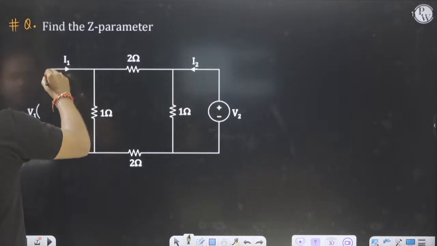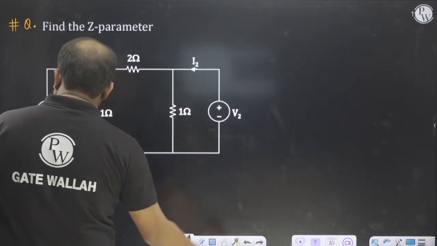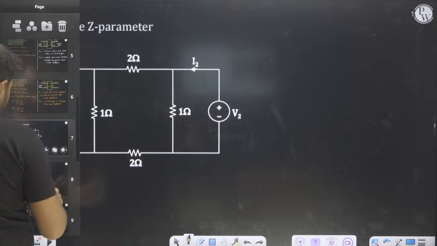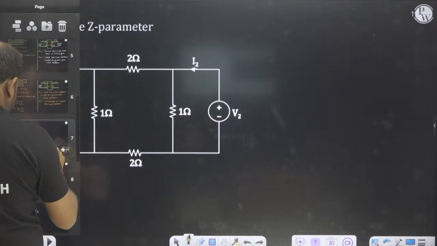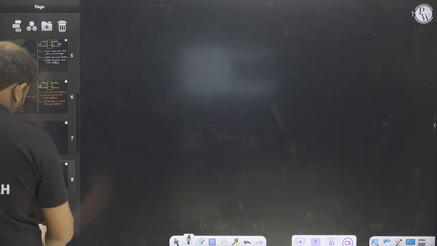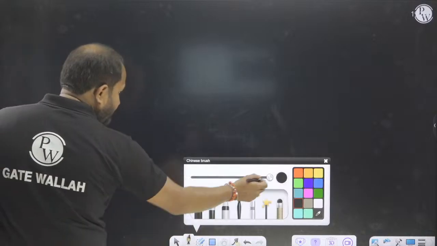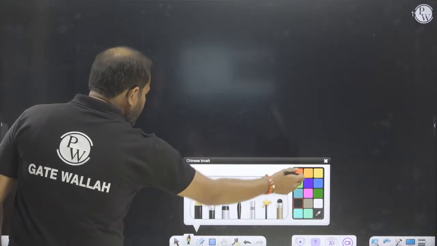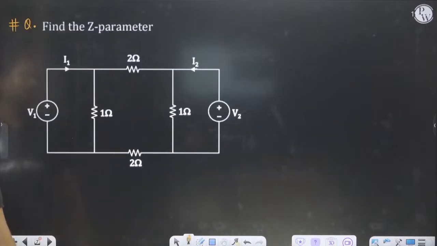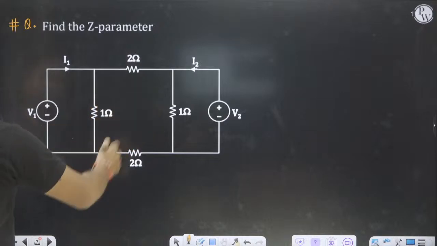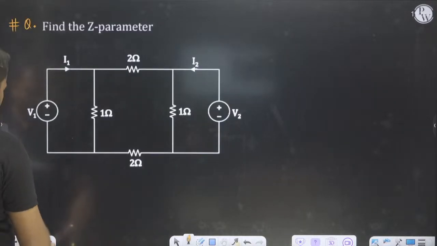In case of open circuit, what will happen? Okay, 1 ohm, 2 ohm, 2 ohm, 1 ohm, 1, 2, 2 on both sides.